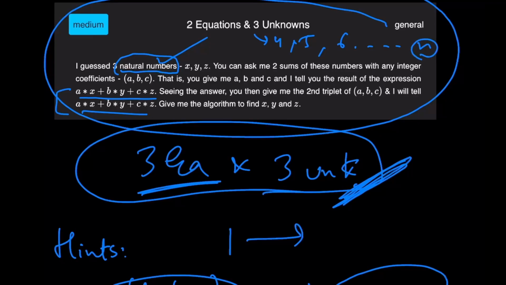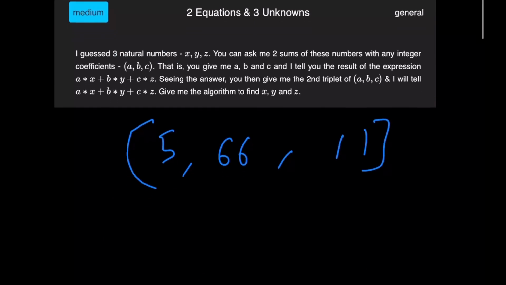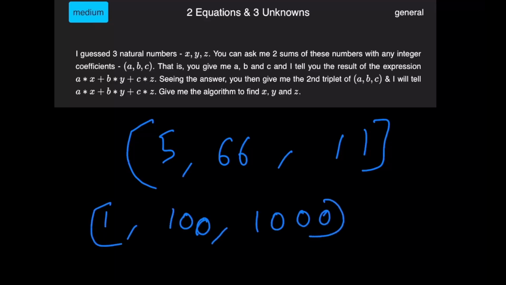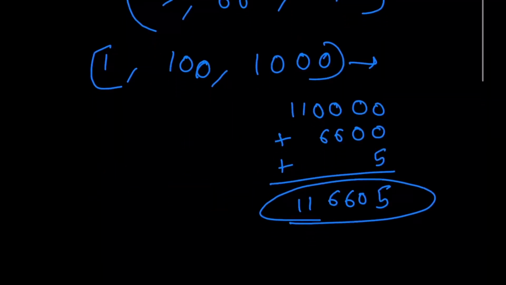So n could be any natural number. So taking the example of 5, 66, and 11 again as x, y, and z, imagine I took A, B, C to be 1, 100, 10,000, right? So the first answer that I'd get from the person in front of us would be this summation over here. And there's something special about this value, right?